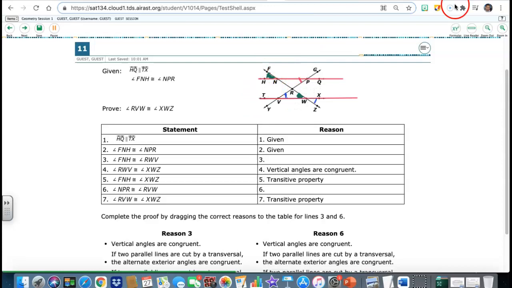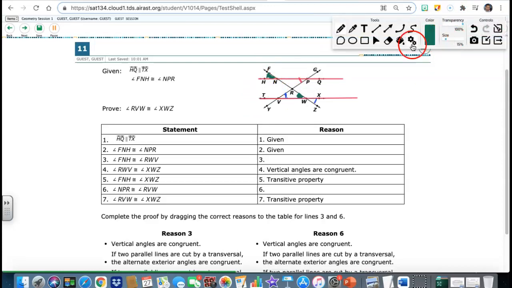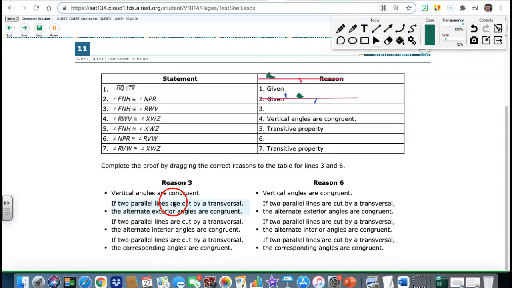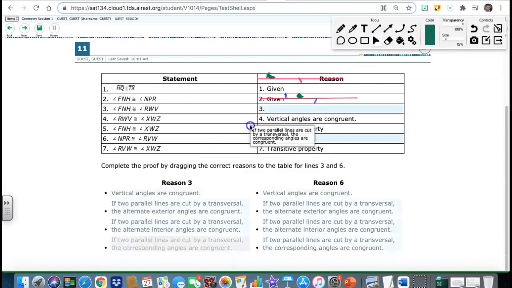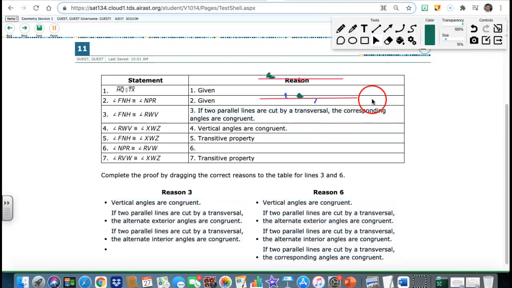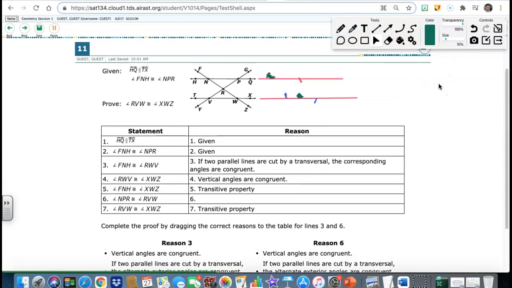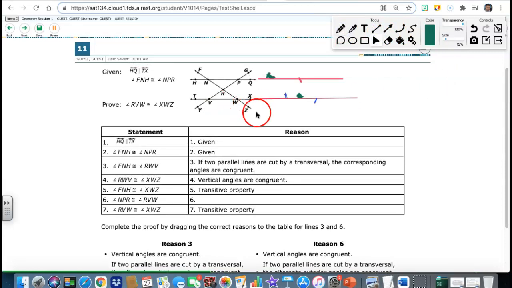So I scroll down and choose corresponding angles for reason number 3. We just proved that one. Let's keep going.